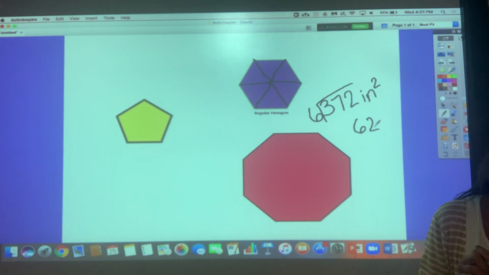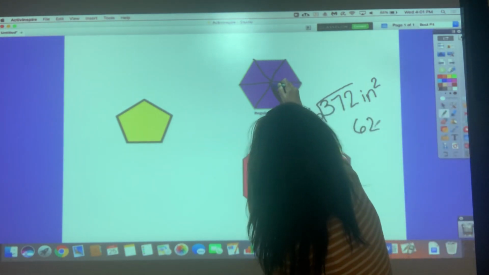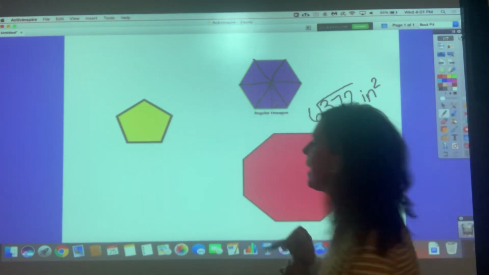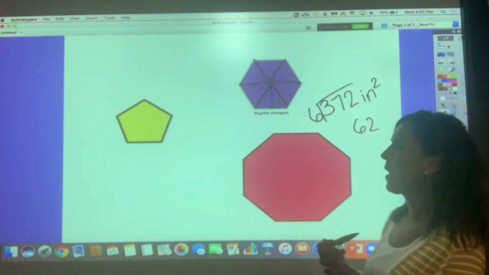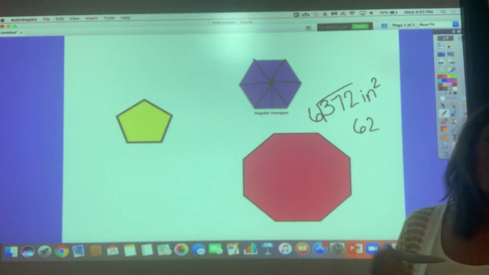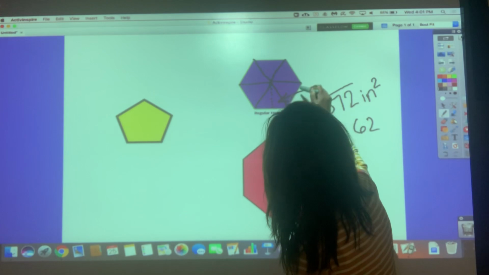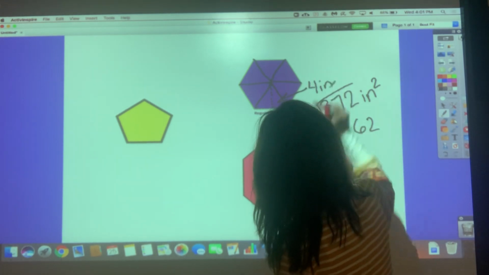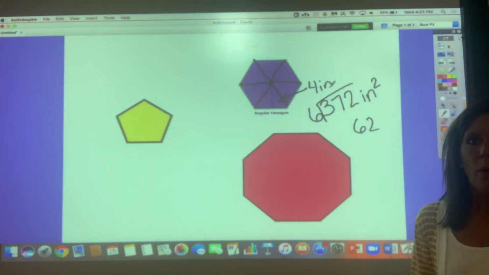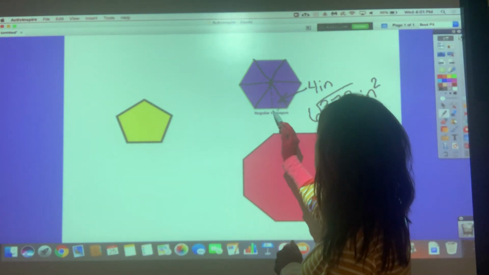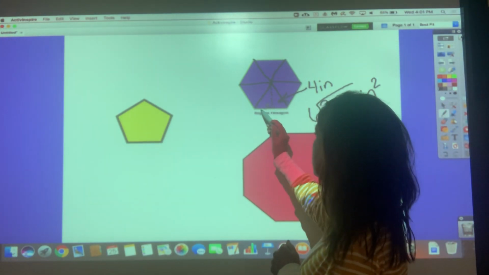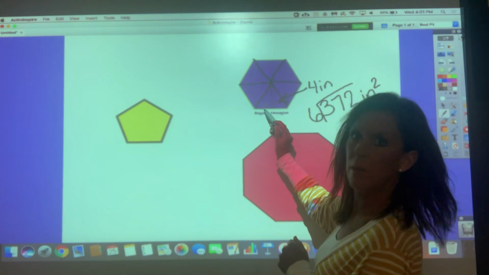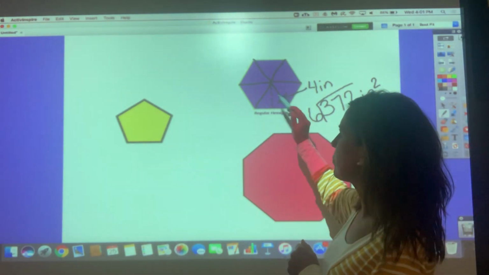And then we're also told in this problem that the height of one of the triangles, which would obviously be the height of all of the triangles, is 4 inches. Well, what we want to know is what is this right here? In this problem, that would be the base of that little triangle right there.